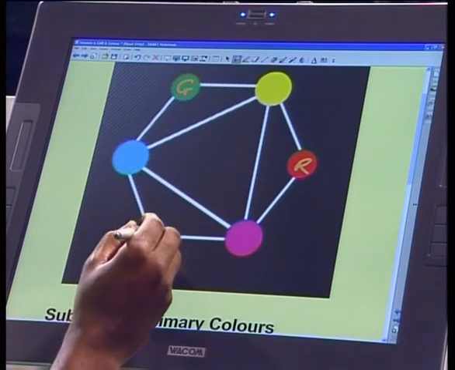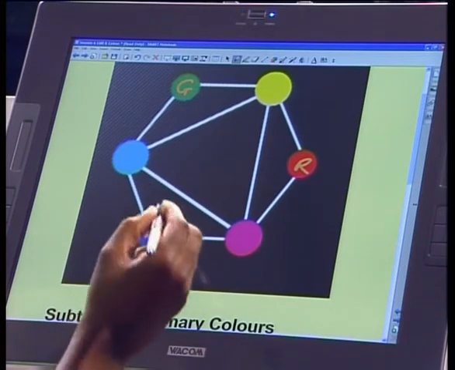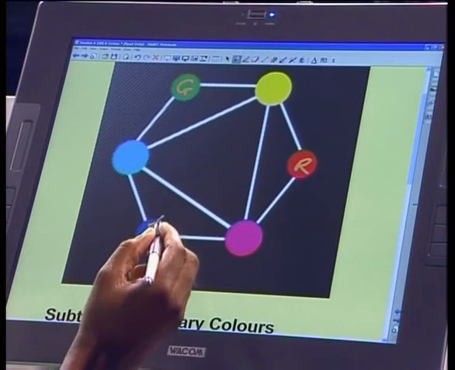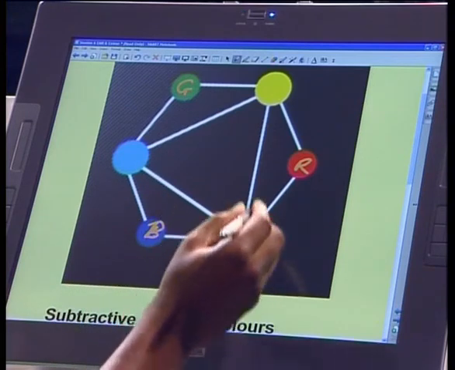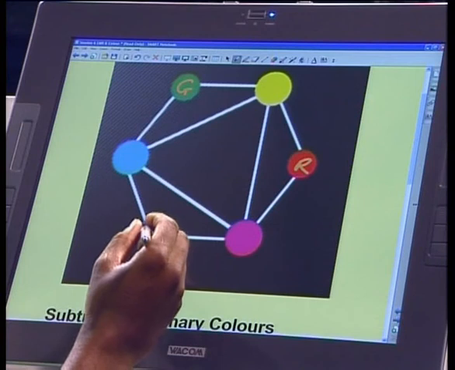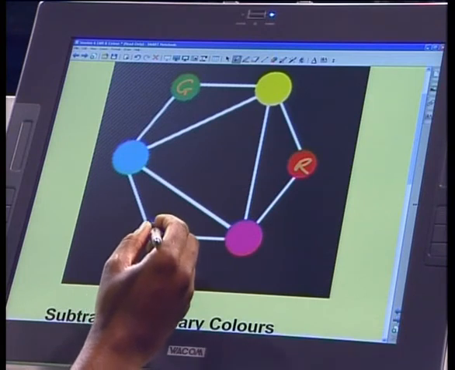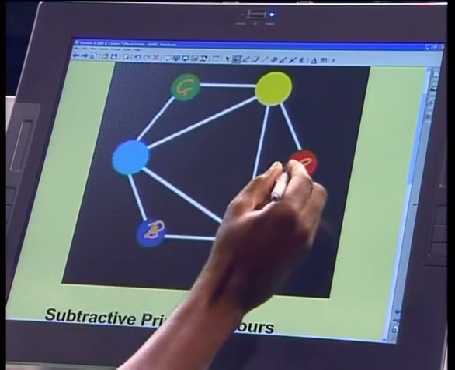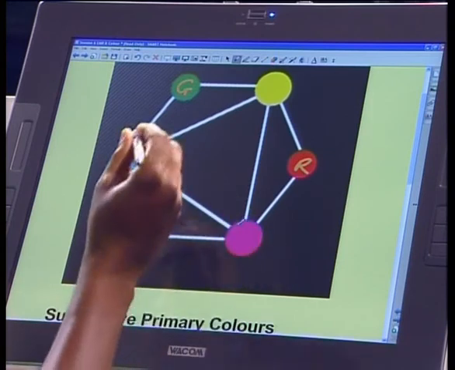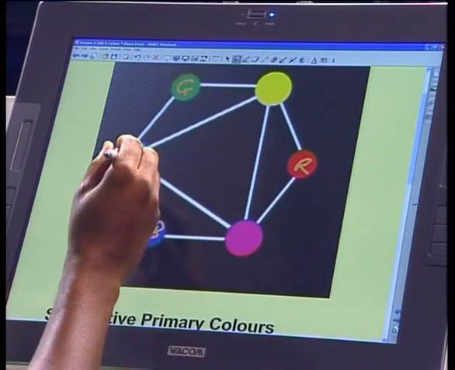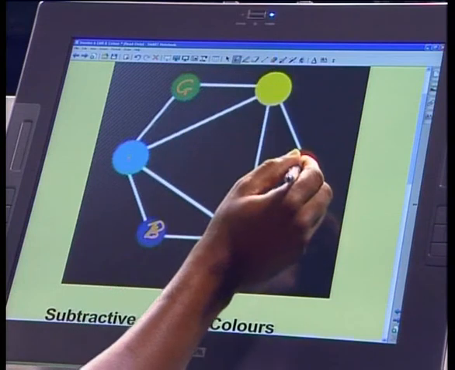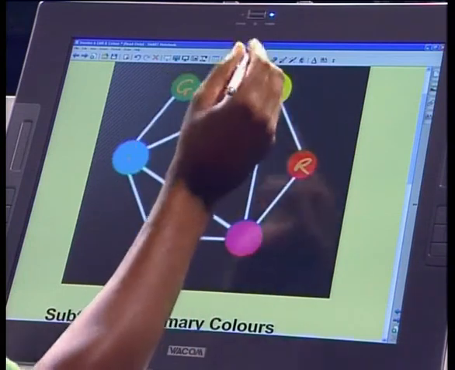Now, these are primary colors of light, okay? And when we mix the light together, remember when we had blue and red, we had magenta, and we had green and blue, we had cyan, and we had red and green, we had yellow.